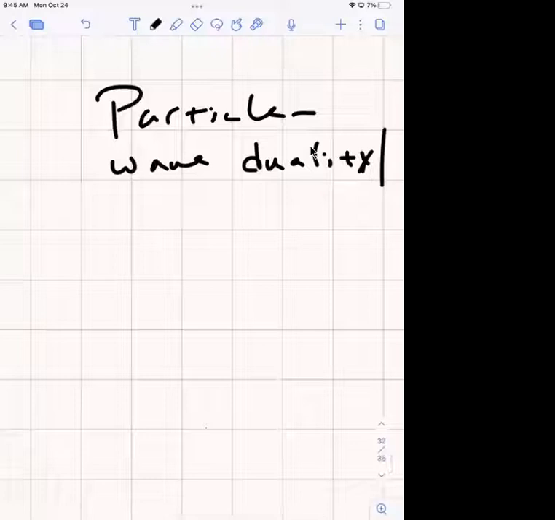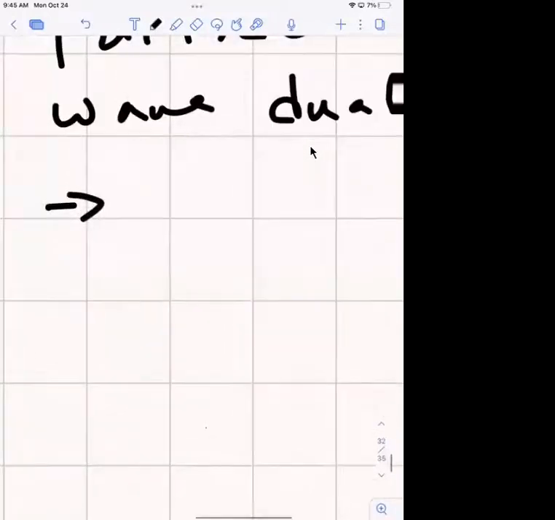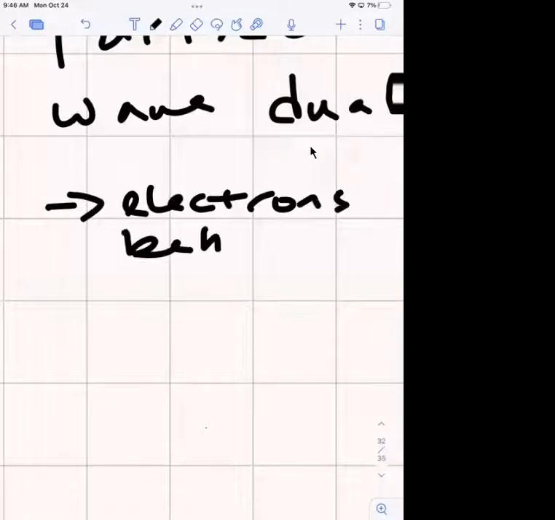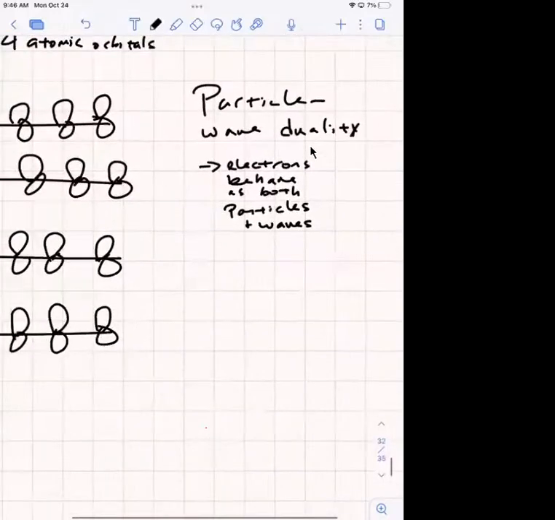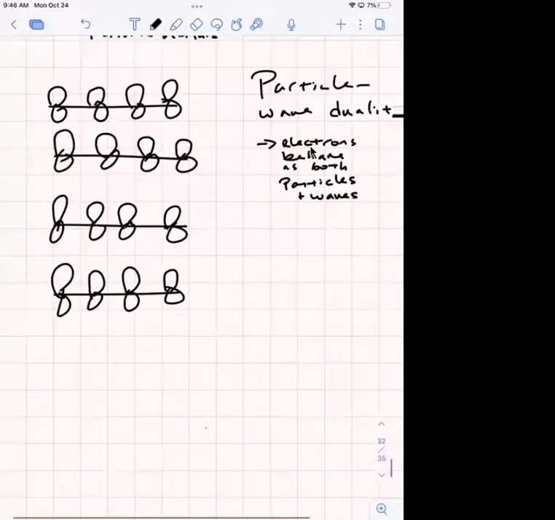And what that basically says is that electrons can behave both as particles and as waves. Right? They can do both. So that particle wave duality is going to help us with the other part of this molecular orbital discussion, right?